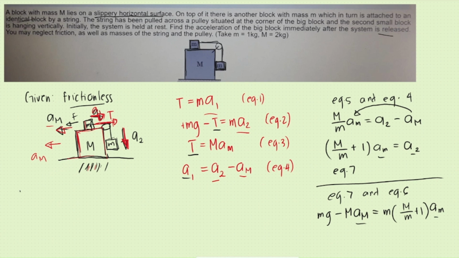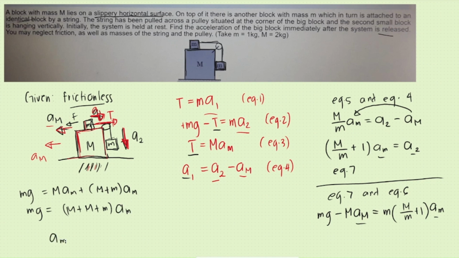So mg is equal to M A_M plus, we can distribute this, so we'll have M plus m A_M. So now we have mg is equal to M plus small m times A_M.